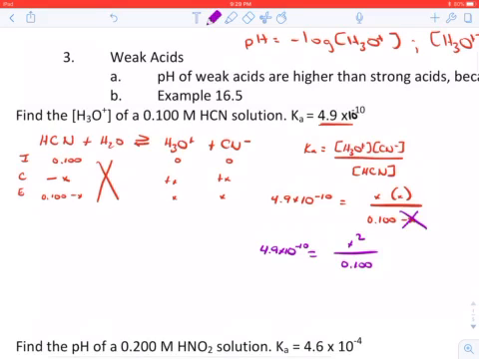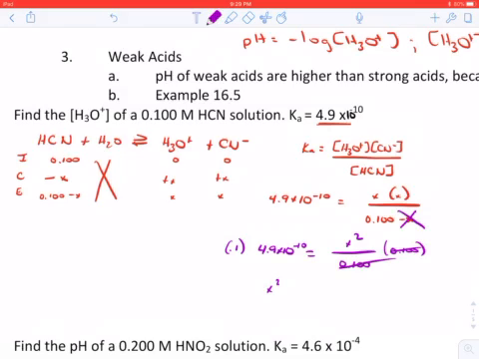To find the answer, we're going to multiply by 0.1 on each side. That gets it to go away on this side. So we've got X squared equals 4.9 times 10 to the negative 10th times 0.1.